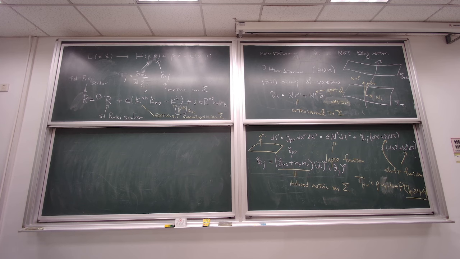So first of all, pi ij is like a del Lagrangian del Q dot ij, and this is equal to somehow 1/16 pi G, which is some normalization of the action here, times n square root q del q dot ij, and then K ab K minus K squared.